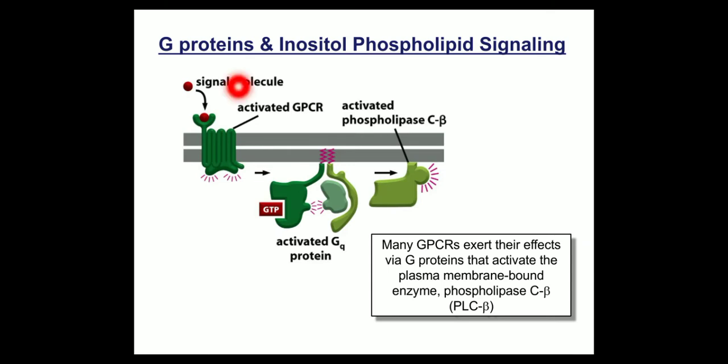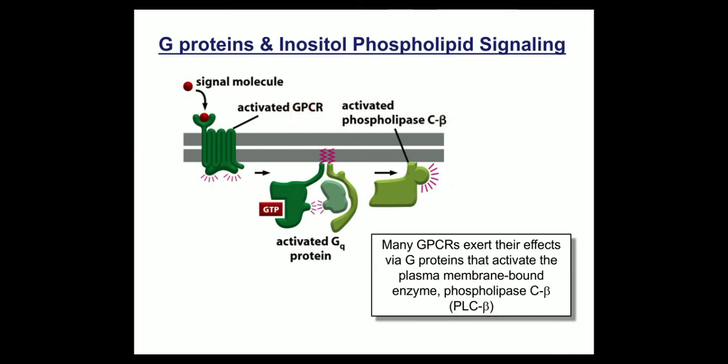Up to this point, the same concept will work here as in the cAMP pathway. Here also the signaling molecule binds to the GPCR, then the GPCR gets activated, and when GTP substitutes the GDP of the alpha subunit, the alpha subunit also gets activated. Same concept here guys. After that, this G protein will bind to another membrane bound enzyme called phospholipase C beta.